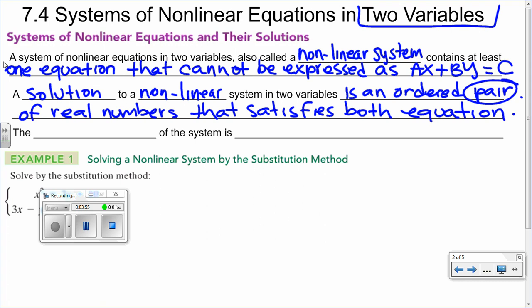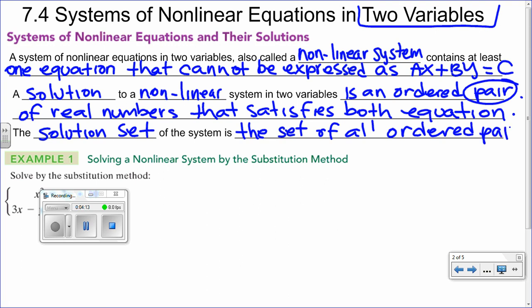The solution set of the system is the set of all ordered pairs. We might have two solutions, and then we will have a set with two ordered pairs inside it. That's how you will enter your answer on MyMathLab.